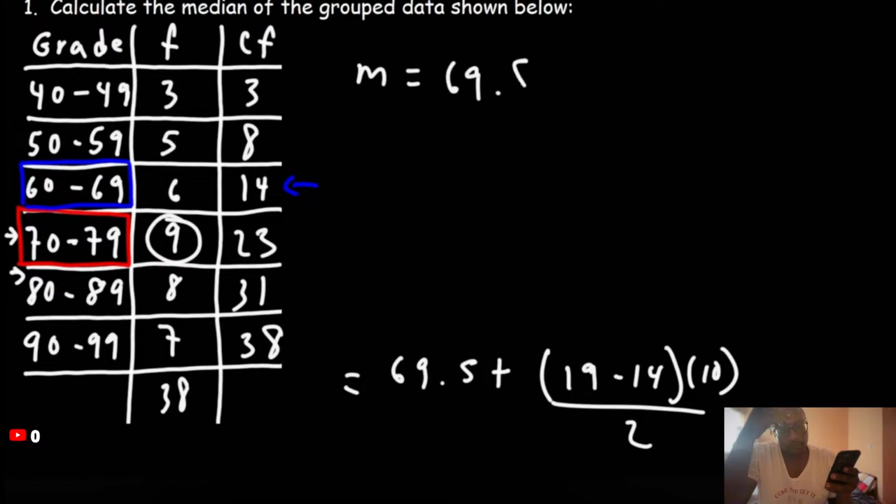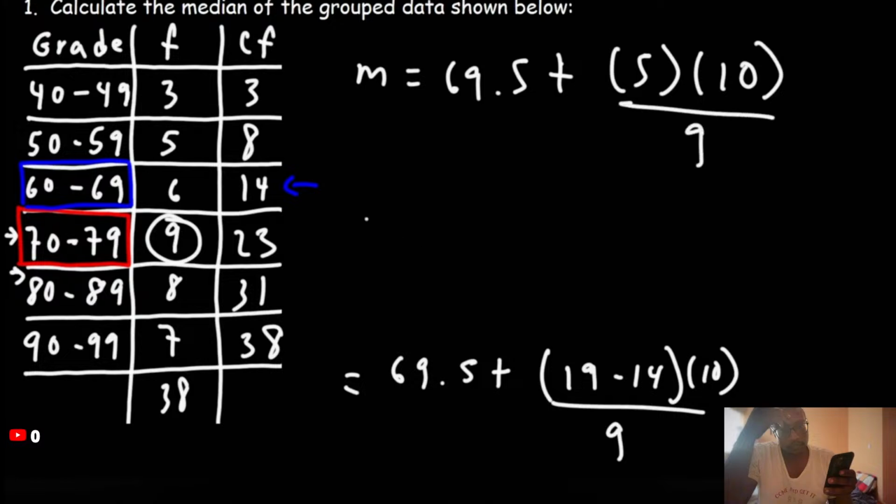Now, 19 minus 14, that's going to be 5. And this should be a 9 here. That's the frequency of the median class. So this is 69.5 plus 50 divided by 9.